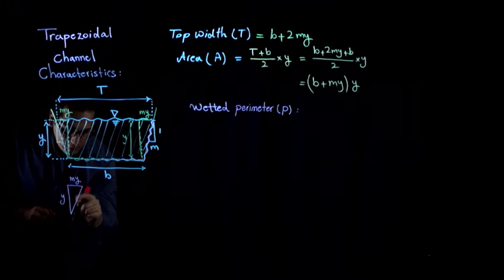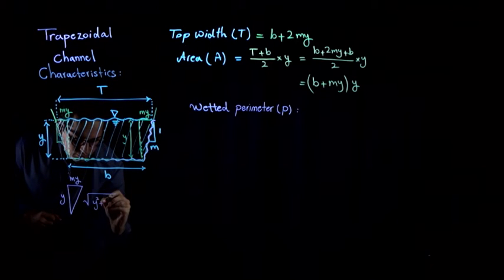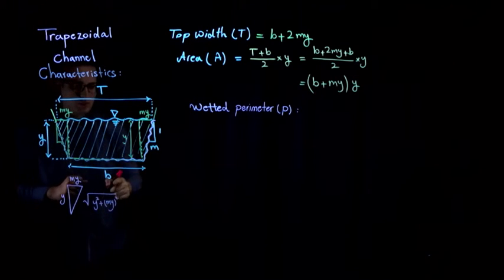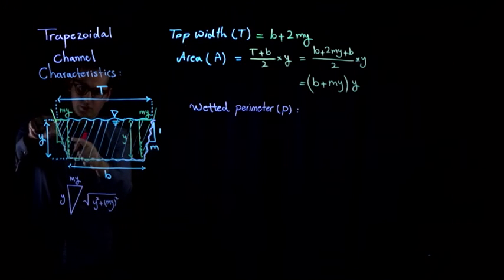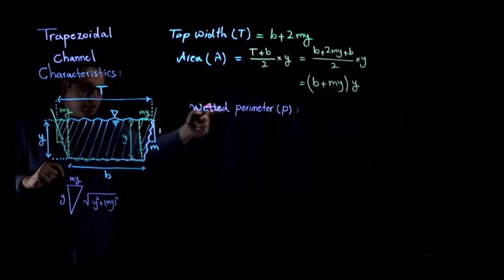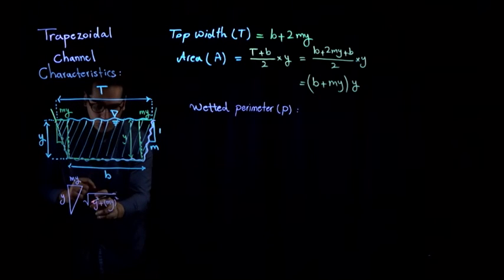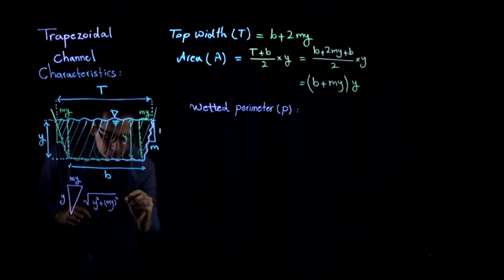We want to calculate the hypotenuse over here. This is going to be the hypotenuse of this triangle. Remember that we have another hypotenuse over here that needs to be added when we are calculating wetted perimeter. So I can take y squared out of this.